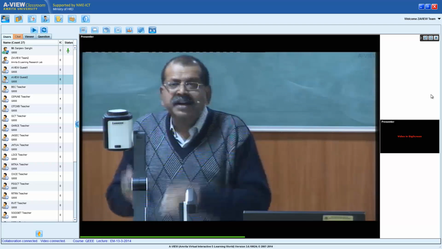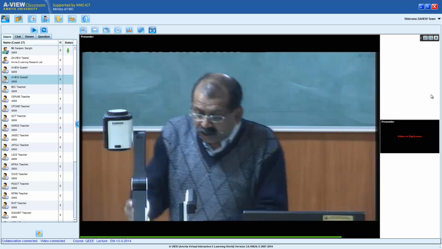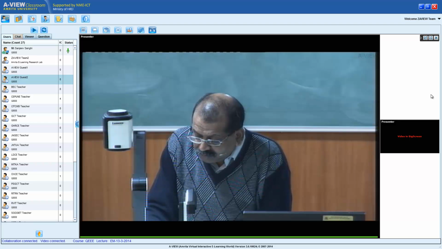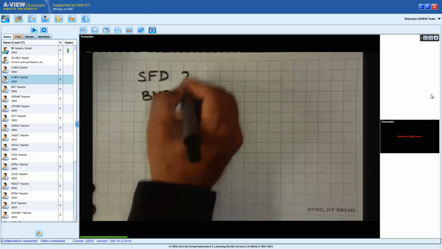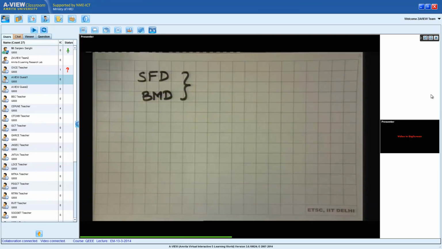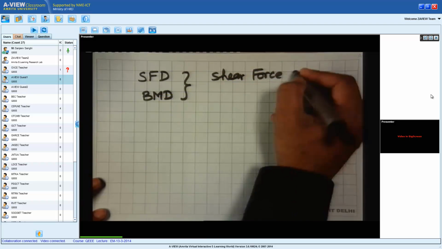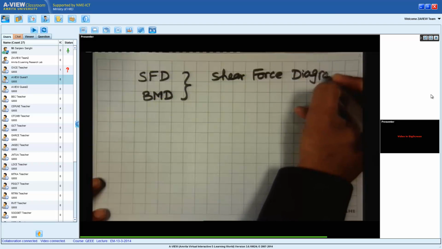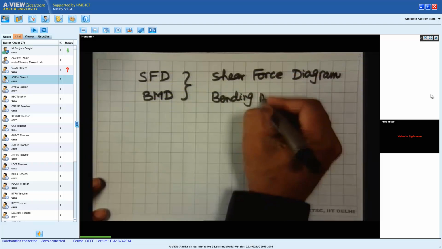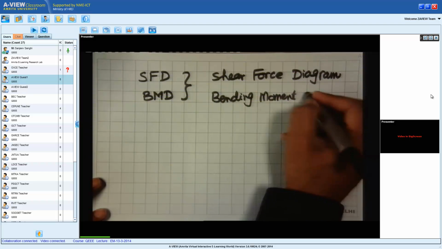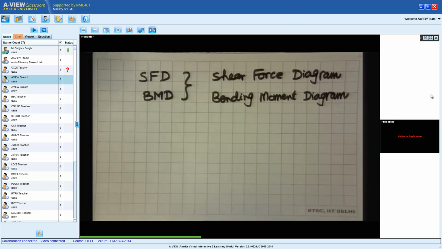So now let us move to the next thing. This was finding shear force and bending moment at one section. Now the next thing which I told you is that often we are interested in drawing what are called the shear force diagram and the bending moment diagram.